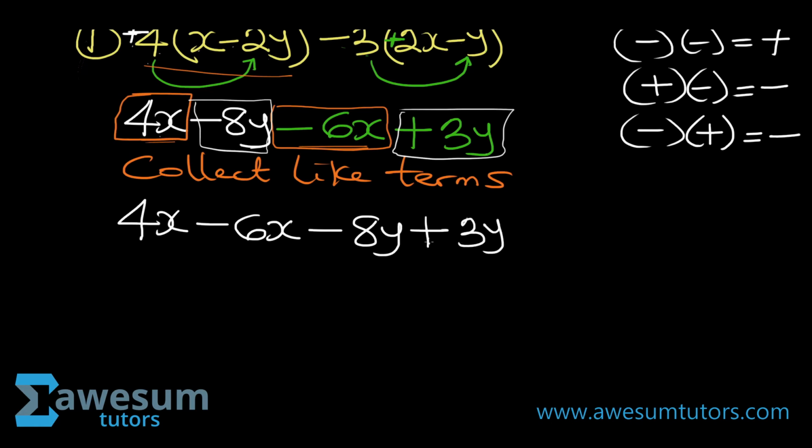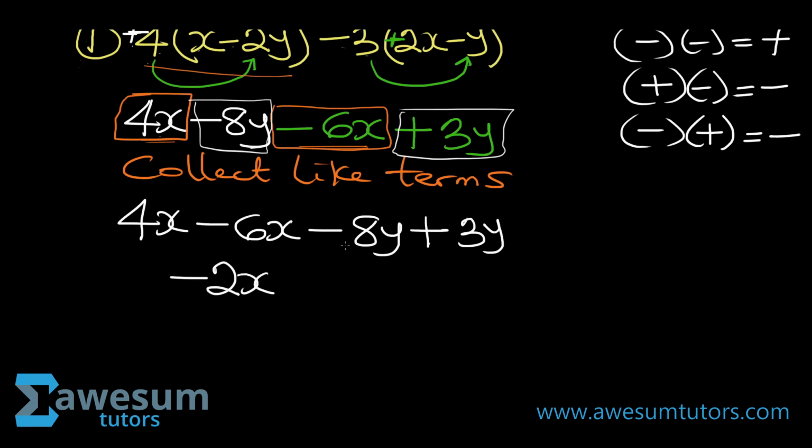Now, if you remember what we did when we learned how to add or subtract algebraic terms, this should be easy for you right now. For a review of that, you can also check one of our videos where we did that. 4x minus 6x is going to give you negative 2x.